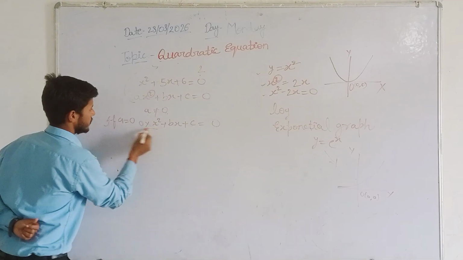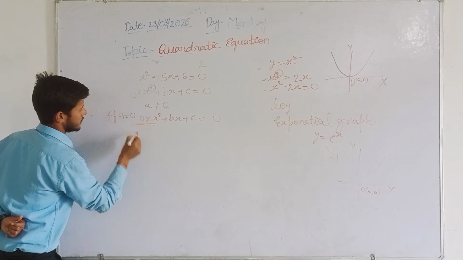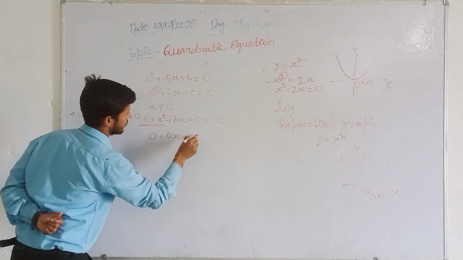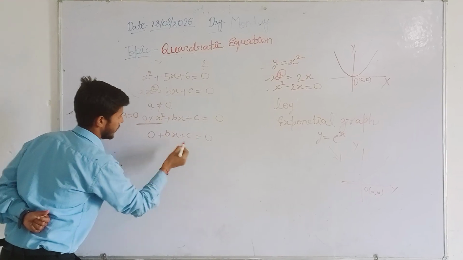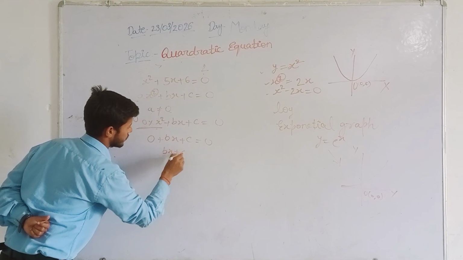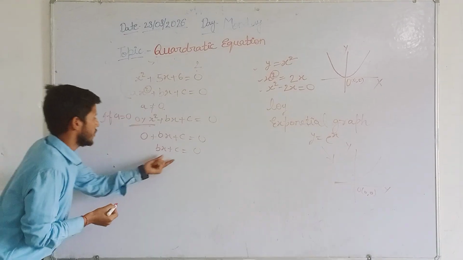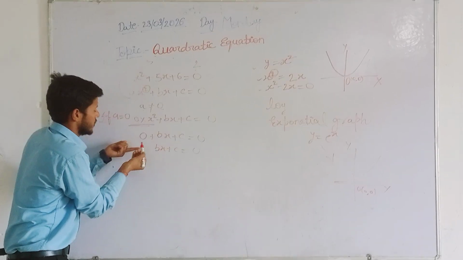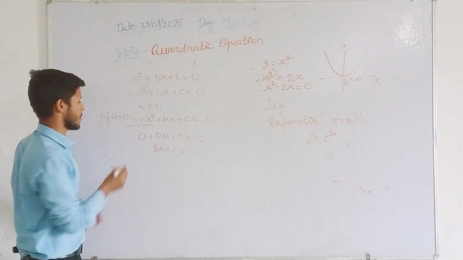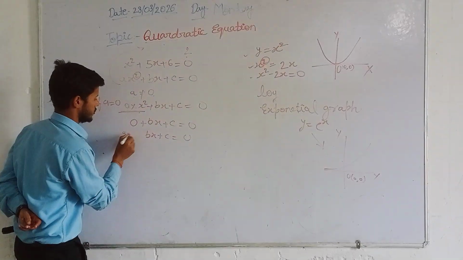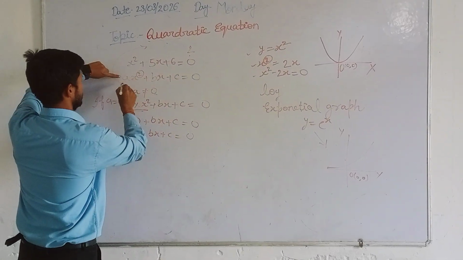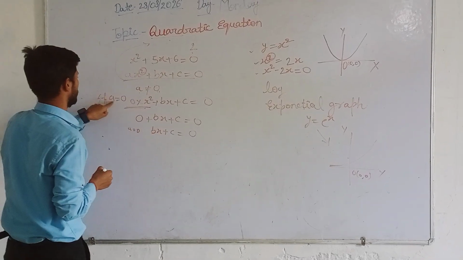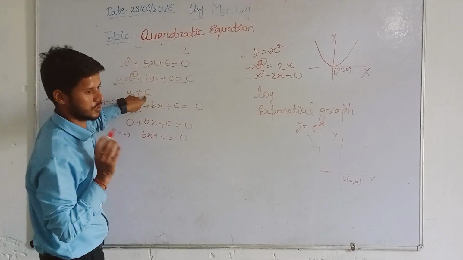Here this whole term will be 0, plus bx plus c is equal to 0. Here there is no term which has 2 degree. So this equation can't be expressed by the standard equation. So a should not be equal to 0.